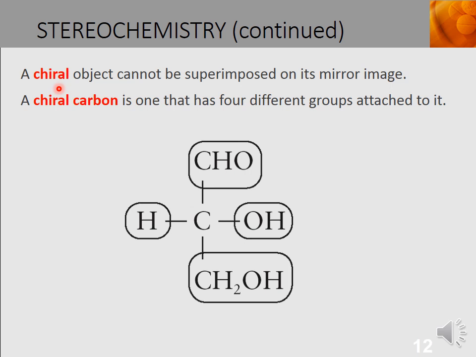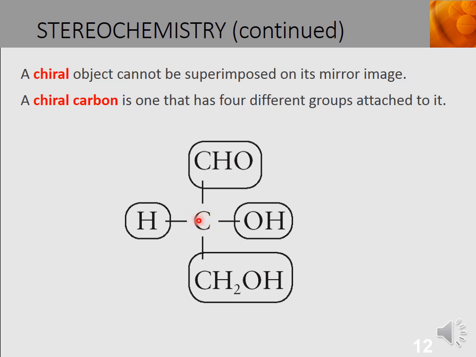If we go by priority according to the CIP rule, the Cahn-Ingold-Prelog system, we give OH the top priority, 1, because here carbon is directly attached to oxygen. Here carbon is attached with carbon and a double-bonded oxygen, so it gets the 2nd priority.